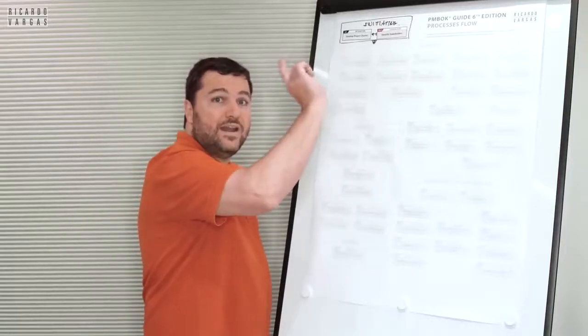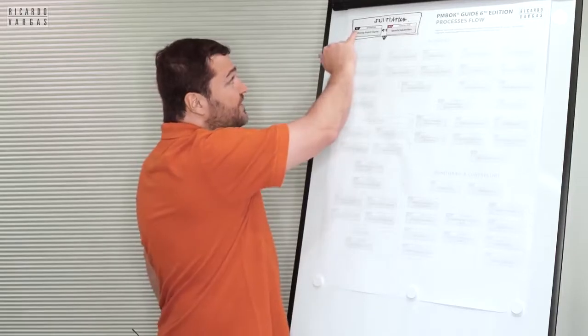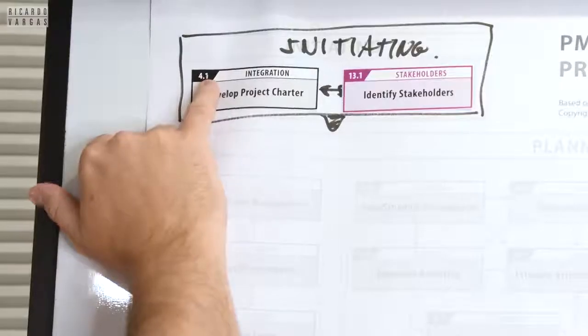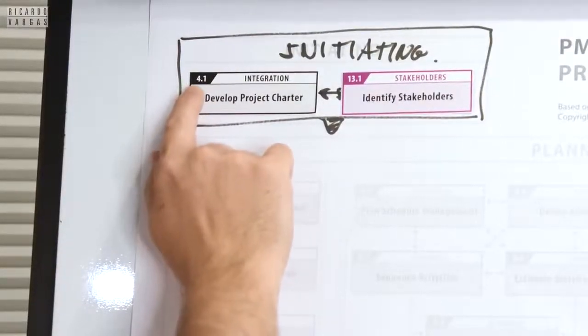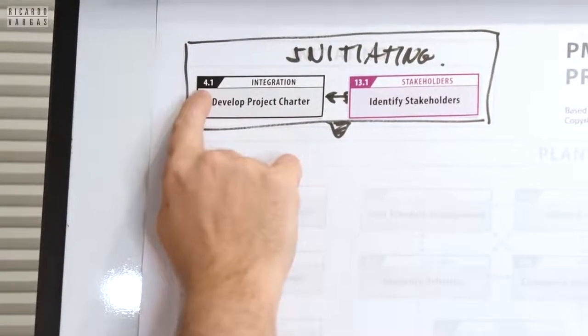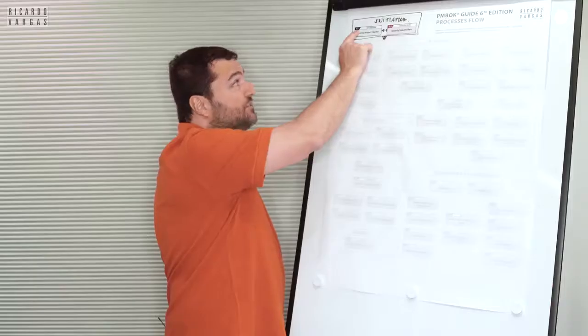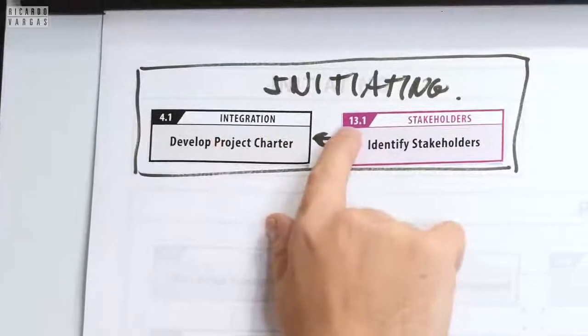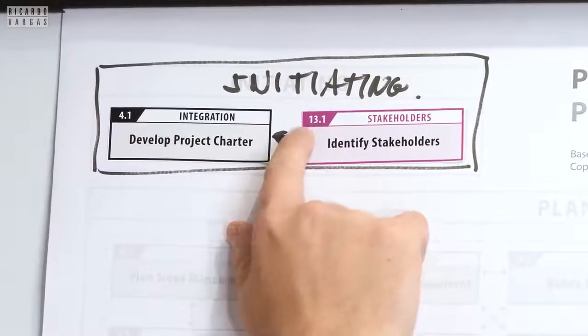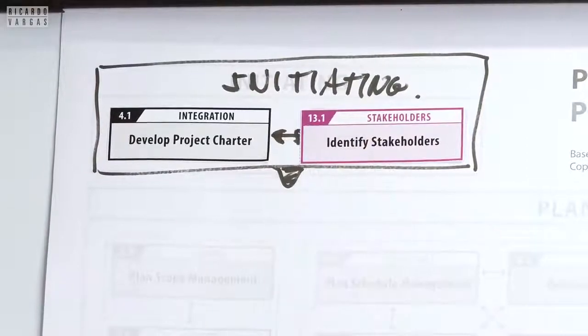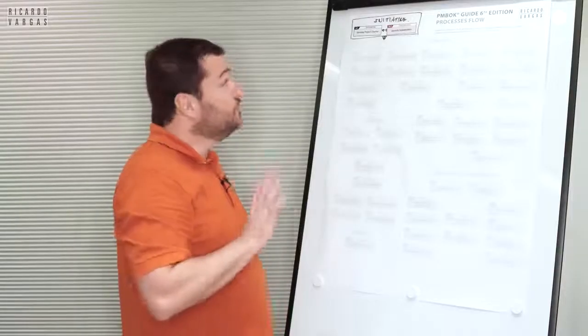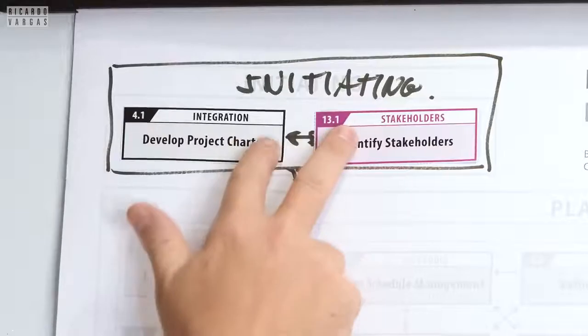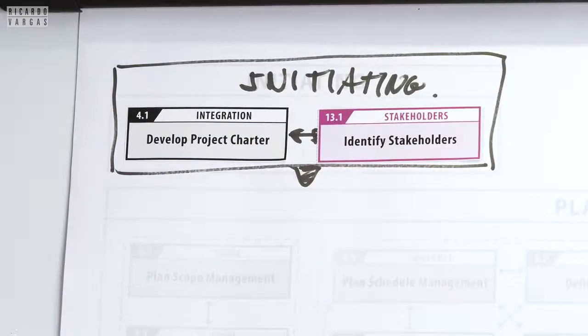And look, one important point. If you see here, 4.1 means we are talking about chapter 4 of the PMBOK, first process. Chapter 4 is integration. And this is 13.1. 13 is stakeholder management. So we do this almost together.